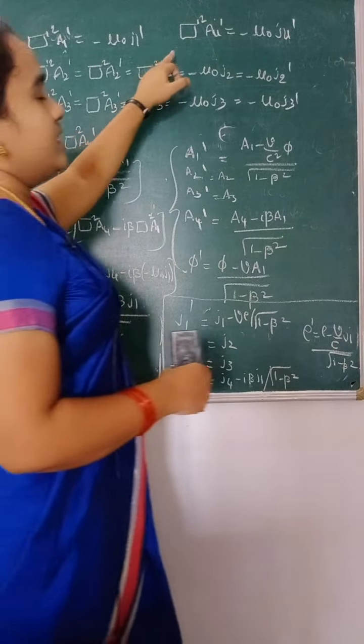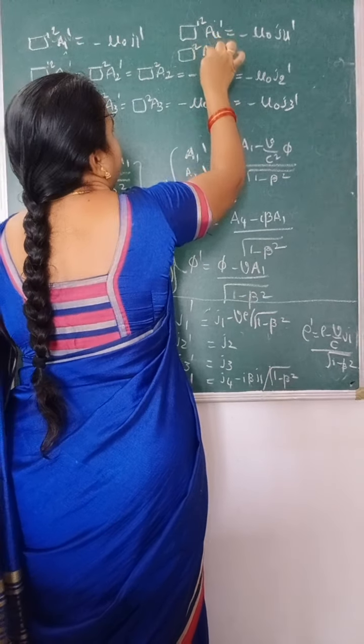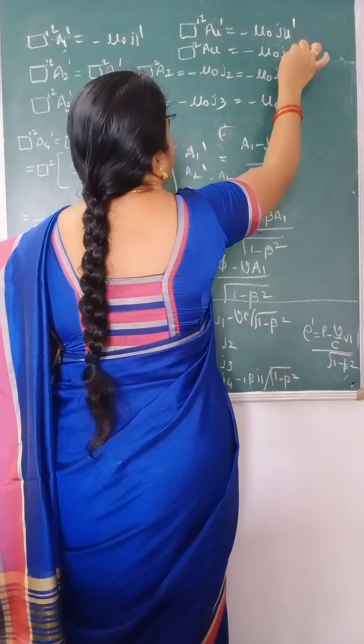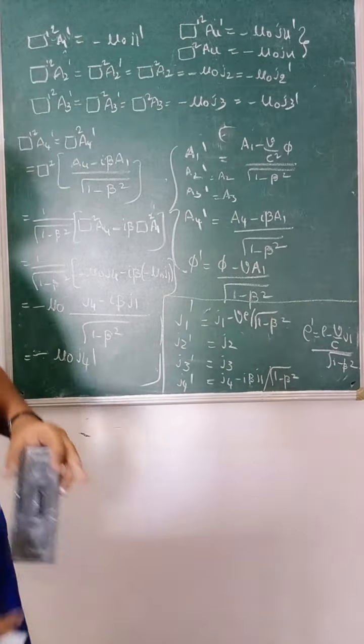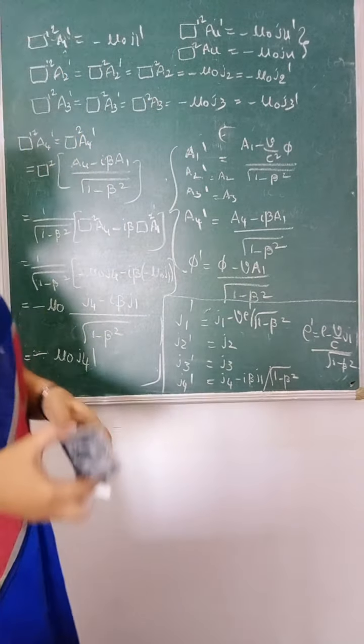The same equation in the S inertial frame of reference is del square au is equal to minus mu naught into ju. So the Maxwell's equations in terms of electromagnetic potentials are invariant under Lorentz transformations.